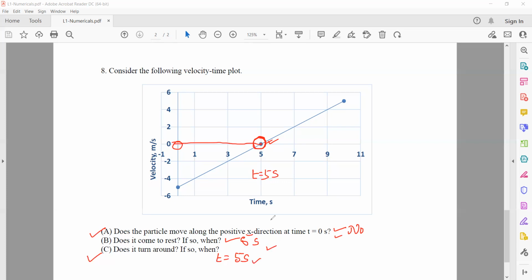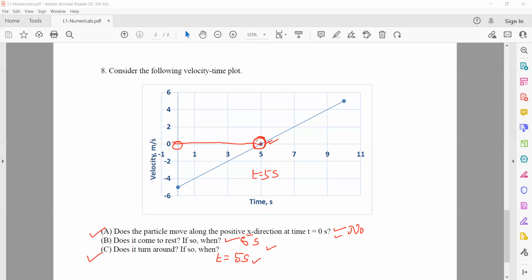Always check this velocity time plot very carefully. Does it move along the positive x direction? No, because at time t equal to 0, it moves along the negative x direction. Velocity value is negative. Does it come to rest? Yes, it comes to rest at time t equal to 5 seconds. And does it turn around?